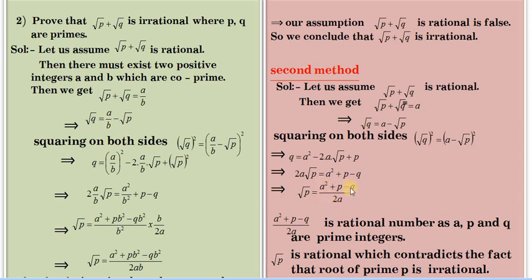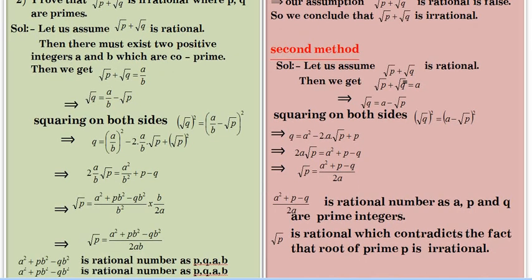Now here a square plus p minus q by 2a is a rational number, because a is a prime number, p is a prime number, q is a prime number, 2 is a prime number. So the number you get using these prime numbers will be a rational number. That means root p is a rational number, which is a contradiction to the fact.